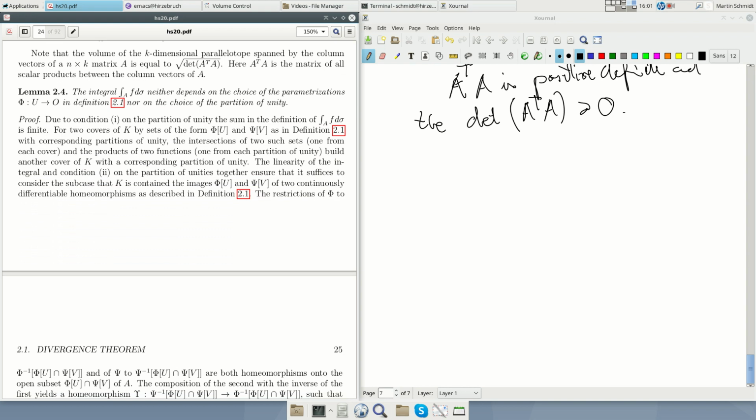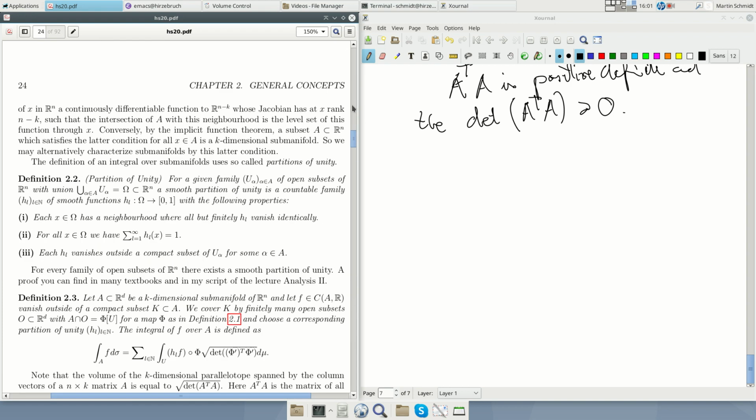So, this integral neither depends on the choice of the parametrization by these maps phi, nor on the choice of the partition of unity. So it's really completely independent. This is a very general statement, so it's the natural definition. Of course, this definition looks quite complicated.